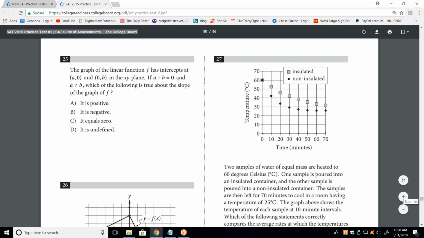Linear function means what? Straight line. That's what linear means. It means the graph, they could have said the graph of the straight line.